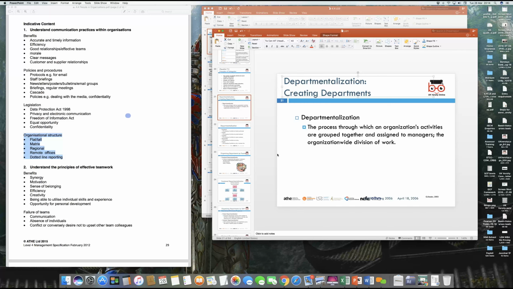So when a business is large enough, and each of those sections or departments is large enough to be able to run functionally on its own, then the company chooses to have something called departmentalization.